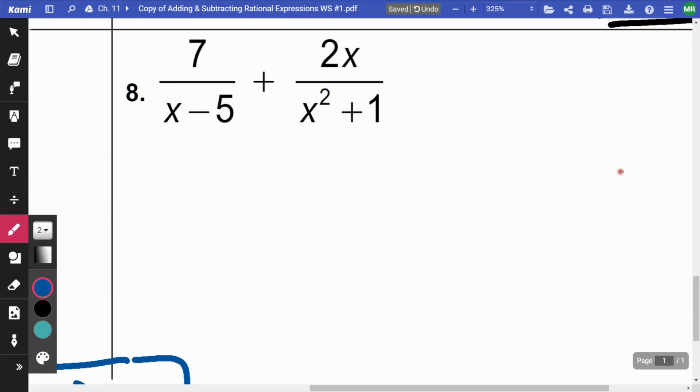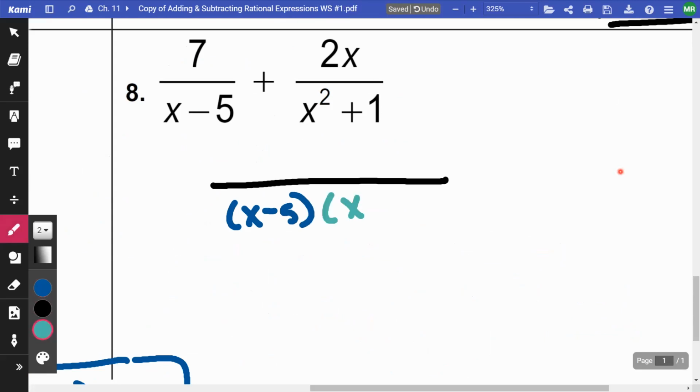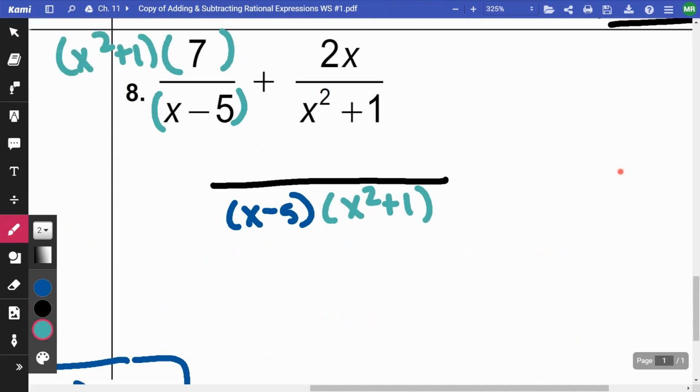On 8, I cannot factor either one of these. So my common denominator is going to be x minus 5 for my first fraction and x squared plus 1 from my second fraction. So up here, I'm going to be multiplying top and bottom to get a common denominator by x squared plus 1.